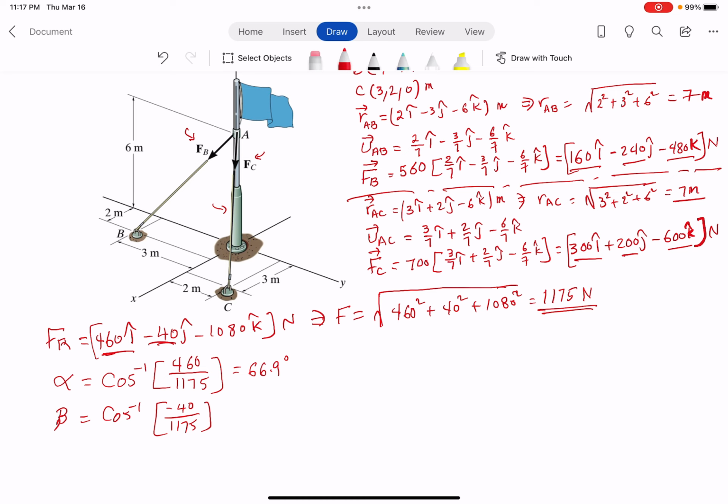This would give you 92. And then the last one, gamma: cosine inverse of minus 1080 over 1175, and that will give you 157.